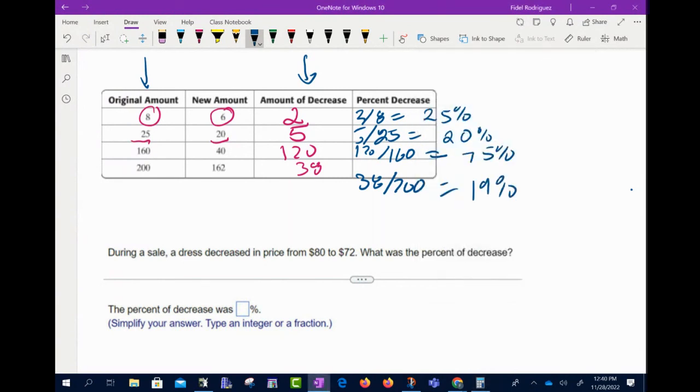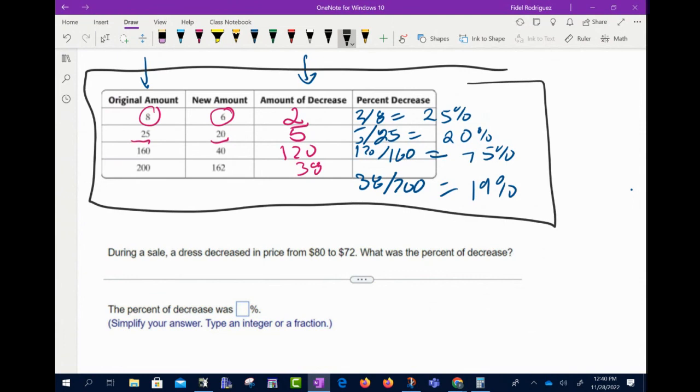Okay. Now, the reason why I'm doing it like this, y'all, is to me, I like doing the problems when they give me this little table because it's kind of straightforward, tells me what to do. But now when I have some kind of a word problem, I'm going to set it up the same way. Look, we used to have 80. It went down to 72. How much did it go down by? It went down by 8, right?